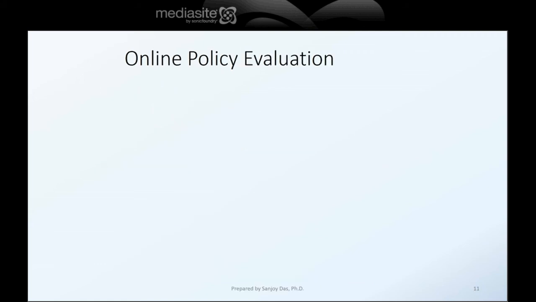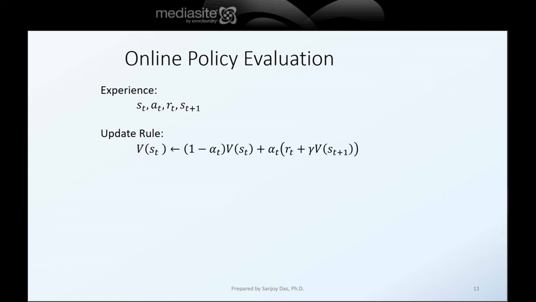Now let's begin with our first algorithm, an online algorithm. This first one will be for policy evaluation, and it will use not the Q values, just the state values, V's. Each time we collect an experience like this, S_t, A_t, R_t, S_t plus 1, we update the value of state S_t according to this expression.